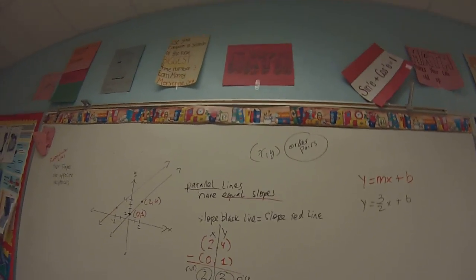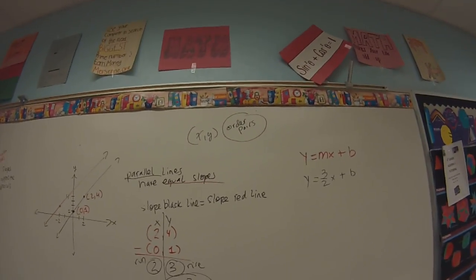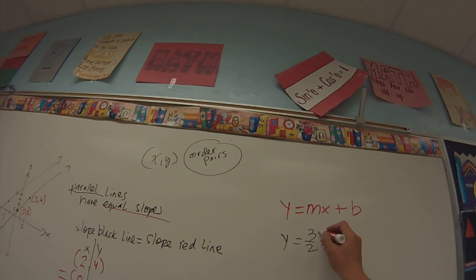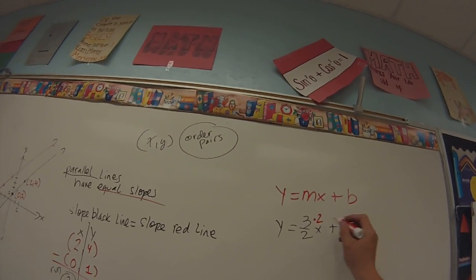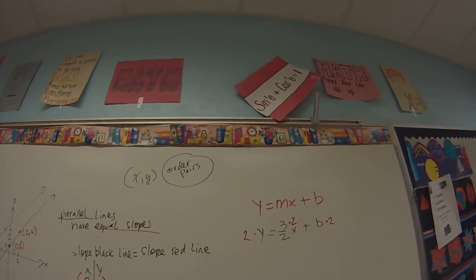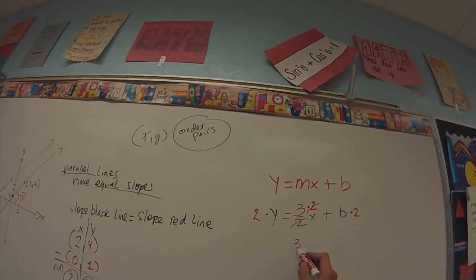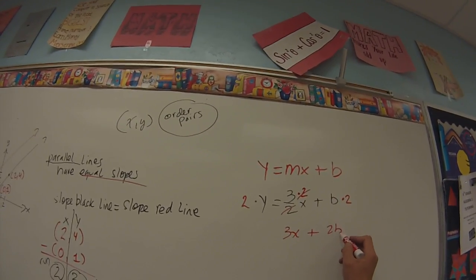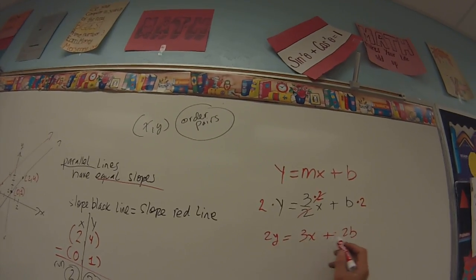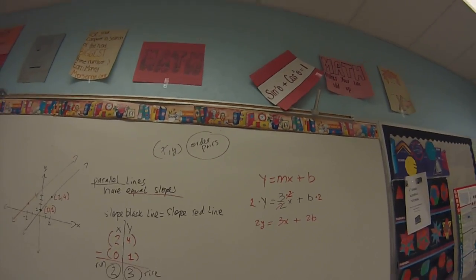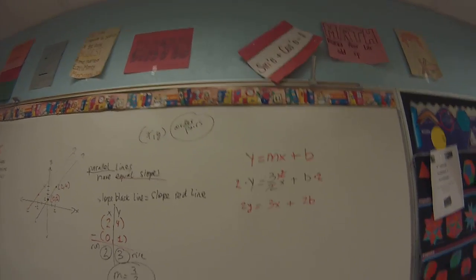We have a denominator. We don't want the denominator again in the equation. We got to get rid of it. The only way to get rid of denominators in equations is by multiplying them out in every term. The 2 cancels out with the 2 on top. I got 3x plus 2b equals 2y. I got an x and a y and a little b.